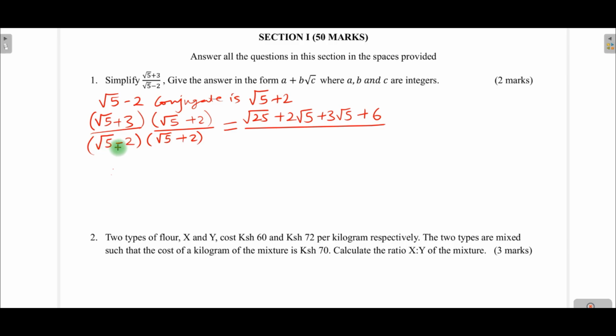Again here, if we multiply, this is a difference between two squares, so we have root 5 squared, minus 2 squared.